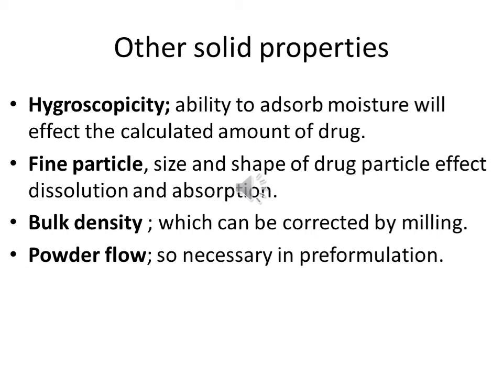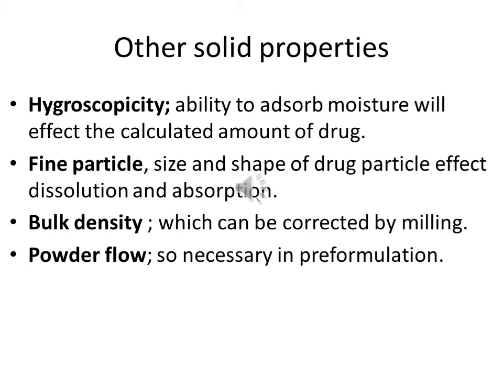Bulk density of the compound varies substantially with the method of crystallization and milling or formulation. Once density problem is identified, it is often easily corrected by milling, slugging, or formulation.